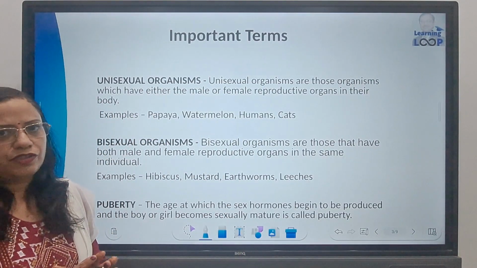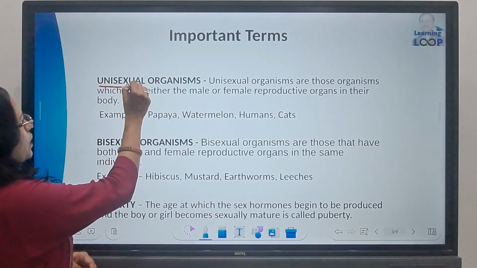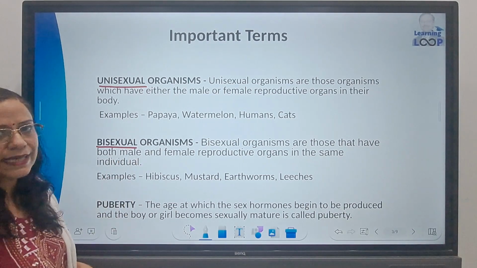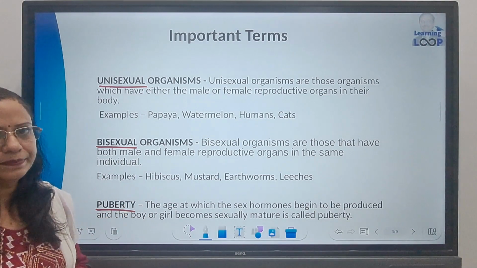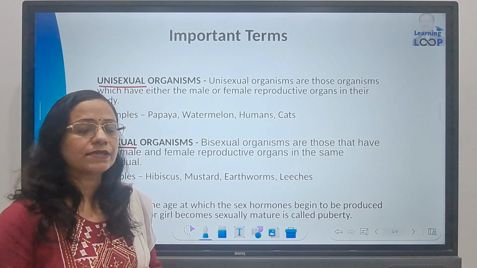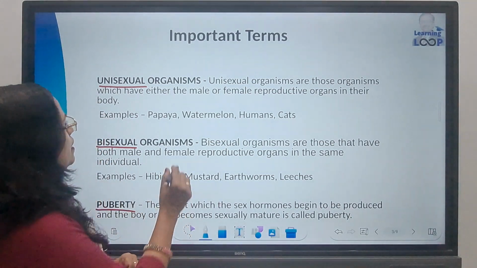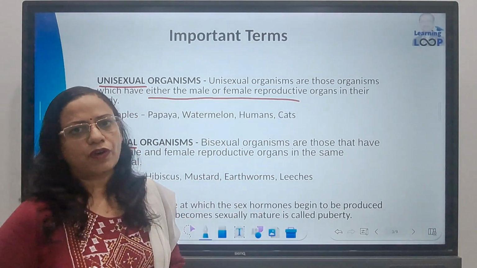So the first three important terms that you need to know are: what are unisexual organisms, what are bisexual organisms, and what is meant by the term puberty. So what are unisexual organisms? Unisexual organisms are those organisms which have only one, either the male or the female reproductive organs in their body.